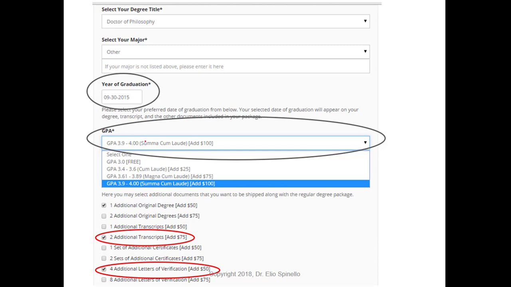You have to pick your GPA. Now, if you want to go with the 3.9 to 4.0 summa cum laude option, it's an extra $100, probably worthwhile, I might think. You can purchase additional transcripts that show what classes you've taken and your grades, and letters of verification that are written on the school's letterhead proving that you went to school there.